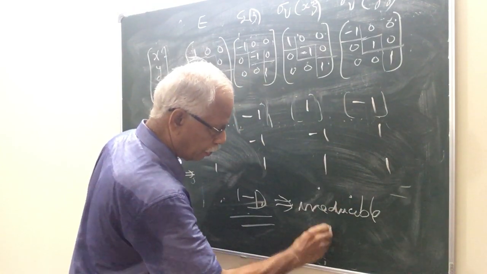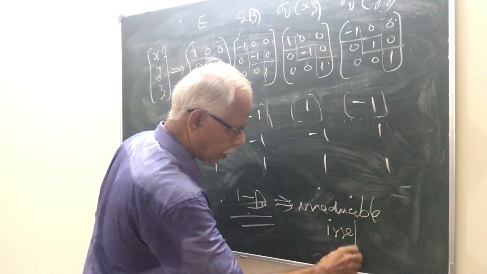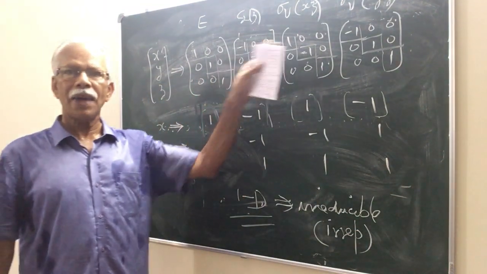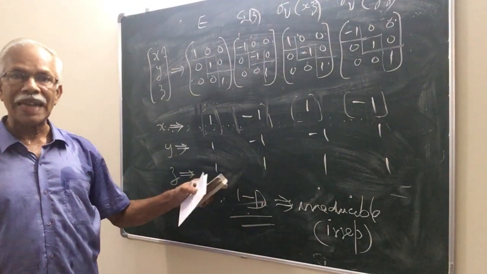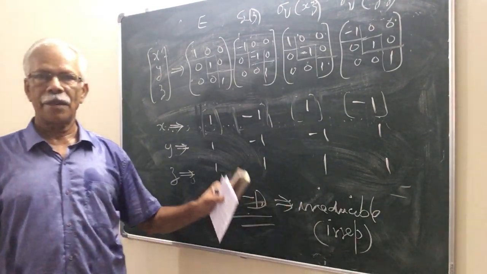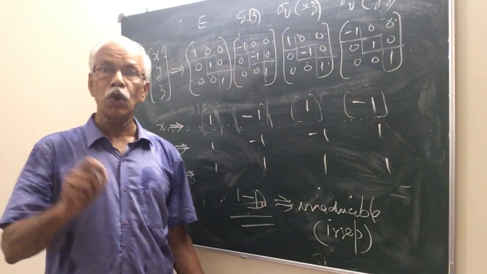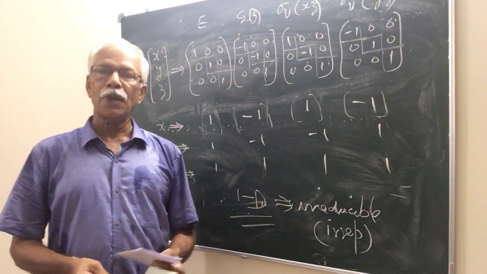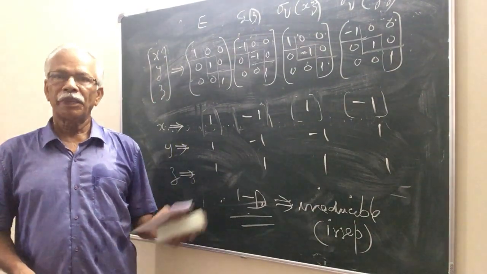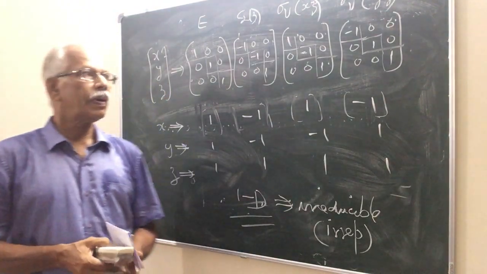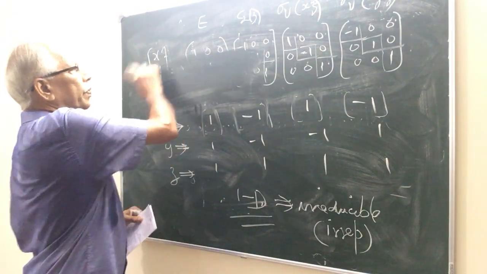I will denote it by the notation irrep. And the original three-dimensional representation, which has been split into 3 one-dimensional components, is called a reducible representation. For a particular point group, the number of reducible representations can be very, very large.